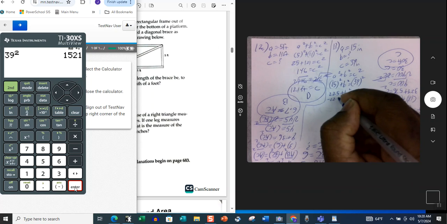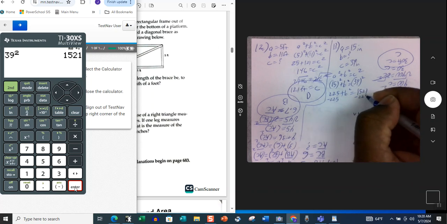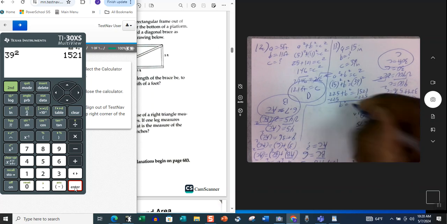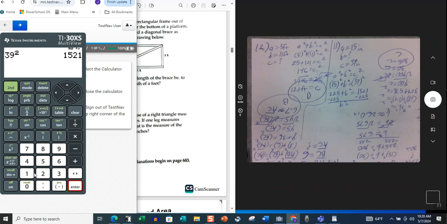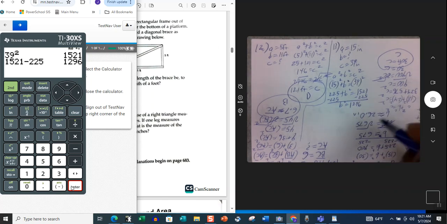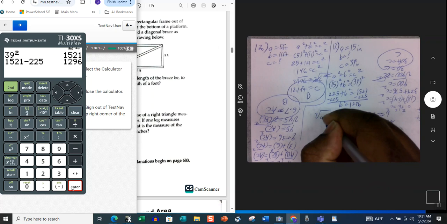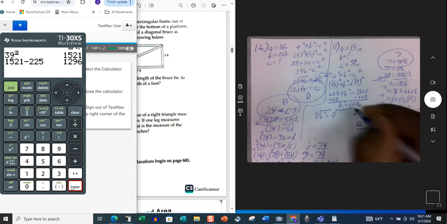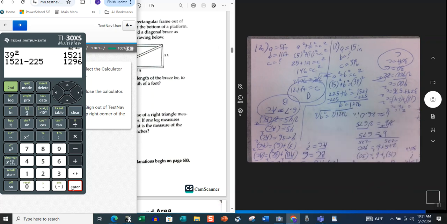Now we will subtract 225 on both sides, and we have B squared is equal to 1521 minus 225, and that gives us 1,296. So we'll take the square root of both sides, the square root of B squared, the square root of 1296.